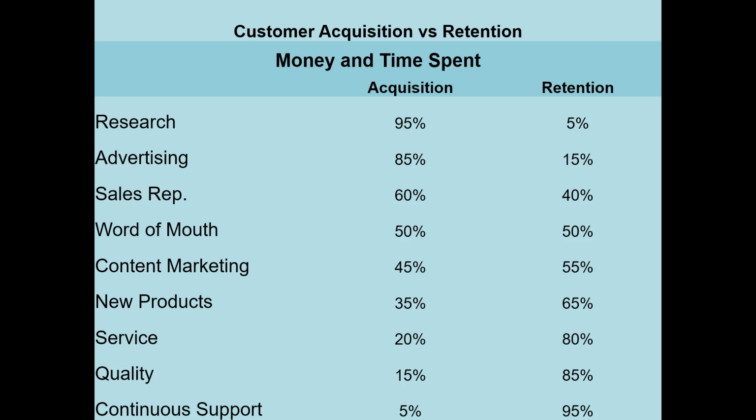And through showing them how it works for them, we are influenced to buy it for ourselves. With word of mouth and content marketing, one thing you have to pay attention to is that this is where the least amount of money, which is a cost when it comes to marketing, is used. So these two, as you can see, are right down the middle, and the least amount of money that's spent is right here.